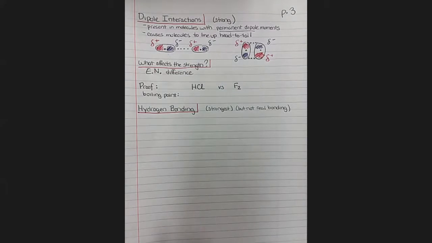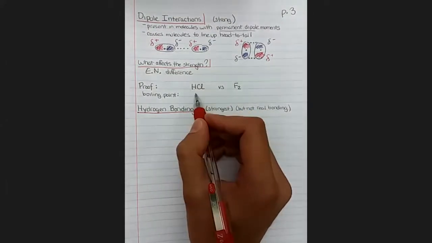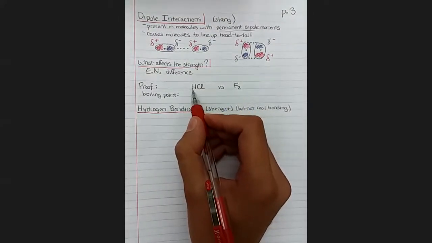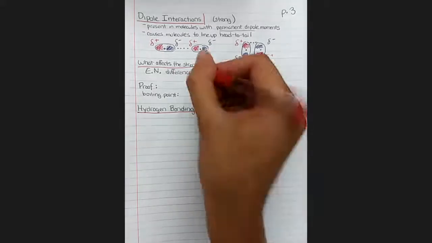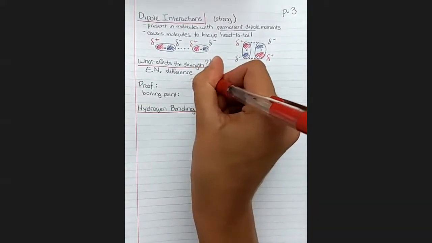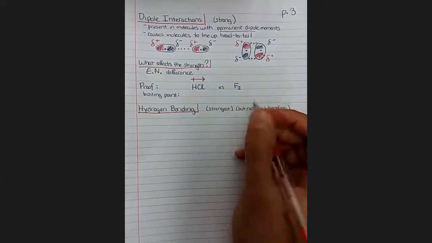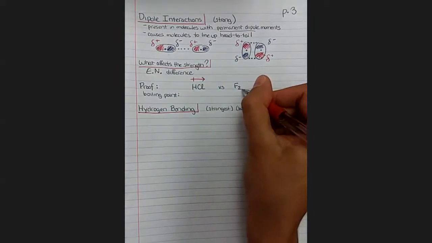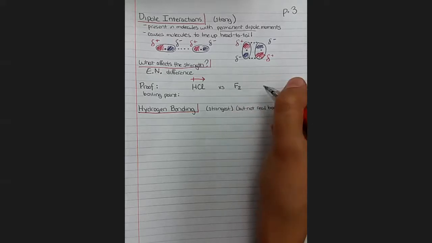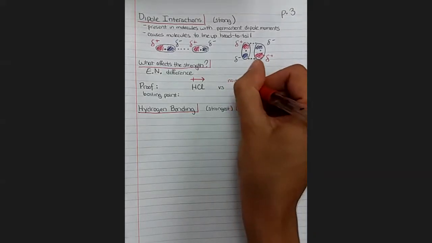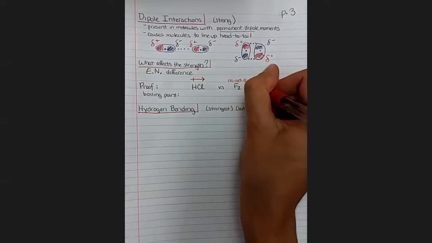But let's look at the dipole and see how that's different. In the first molecule, hydrogen is very electropositive, chlorine is very electronegative. So we could draw in the dipole arrow like so, pointing towards the chlorine. Whereas for the fluorine, this bond is between two identical atoms, so there is no net dipole in this molecule.